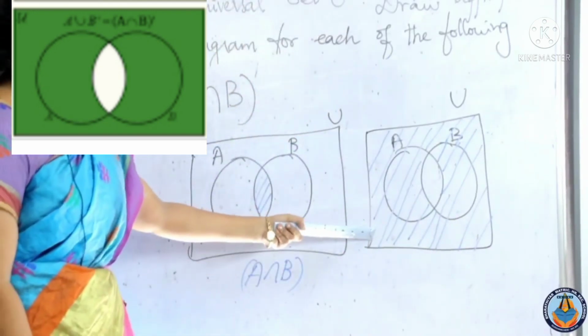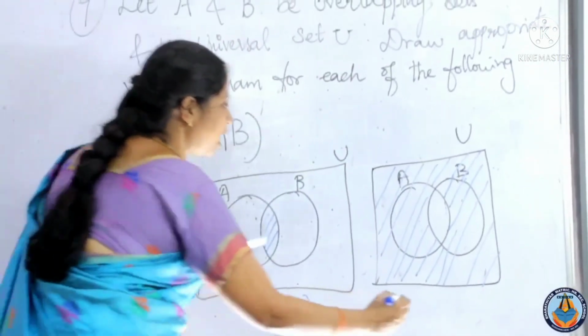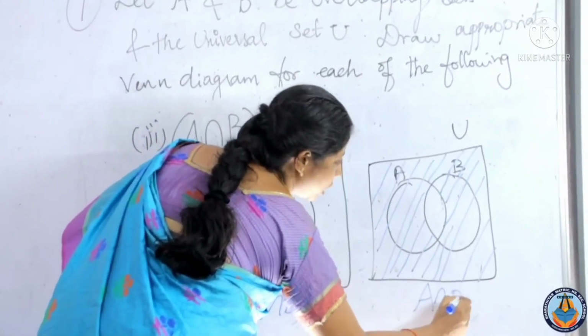This is the Venn diagram for (A intersection B) dash.